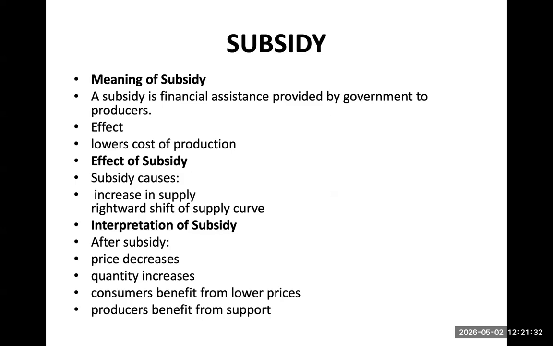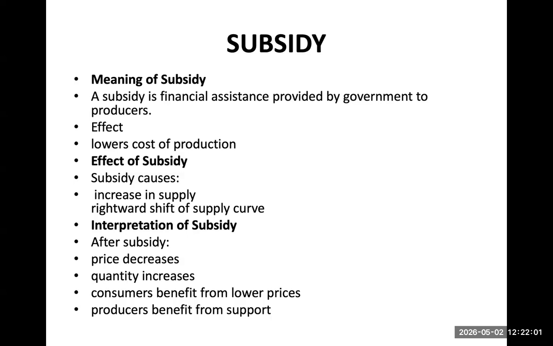So a subsidy is a financial assistance provided by the government to producers. Any subsidy lowers the cost of production. The effect of a subsidy is that it increases the quantity supplied, and you will see a rightward shift of the supply curve.